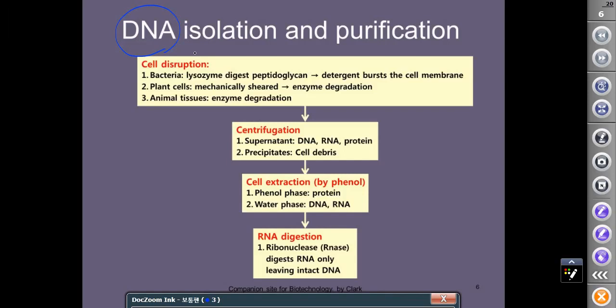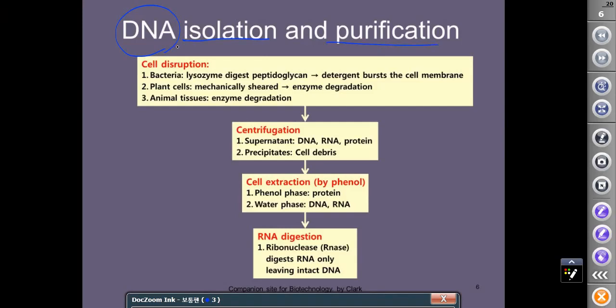There are many manufacturers selling these DNAs. But let's say you don't know the sequence of the DNA, then what should you do? Nobody is selling DNA whose sequence we don't know. So you have to first isolate and purify the DNA, and you should have the DNA before manipulating it.